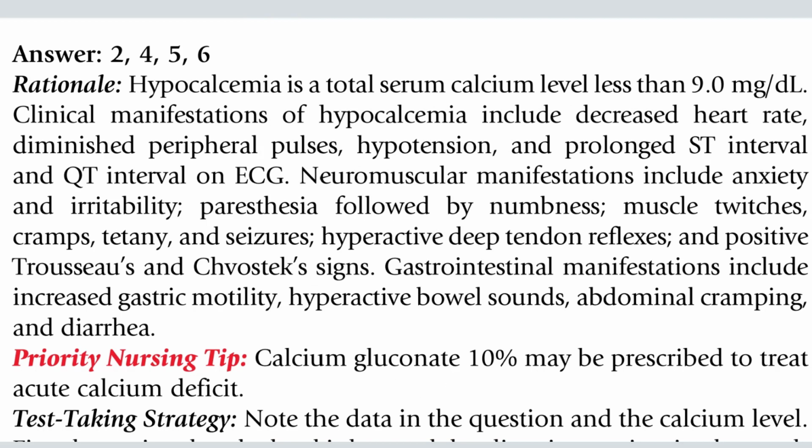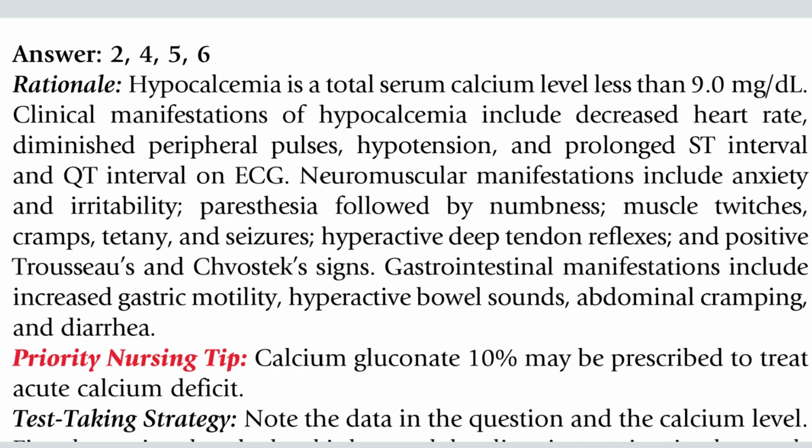Rationale. Hypocalcemia is a total serum calcium level less than 9.0 mg/dL. Clinical manifestations of hypocalcemia include decreased heart rate, diminished peripheral pulses, hypotension, and prolonged ST interval and QT interval on ECG.